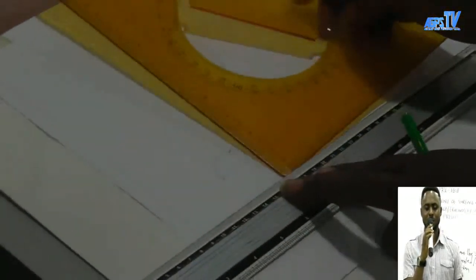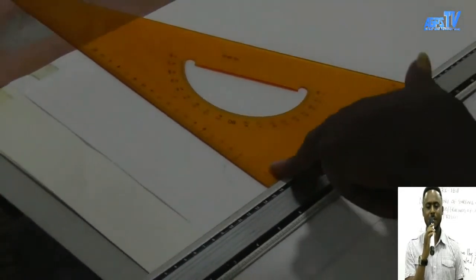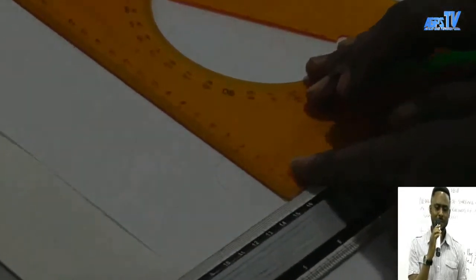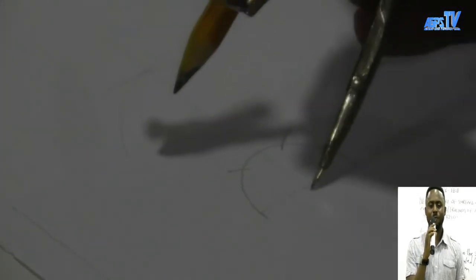So because I want accuracy, I'm carefully using my drawing equipment. So that is it. I join to meet the intersection points. Good. So now I have one corner of my square. So I use my compass. I open it to the other edge based on the dimension given.